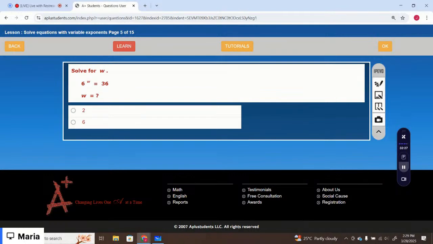So which is the correct option? W equals 2. Option number 1 is the correct option. Okay, you can complete the lesson by yourself later today. Let's just move on to the next lesson.